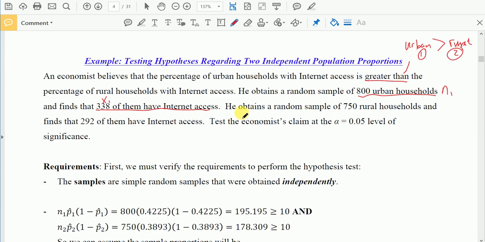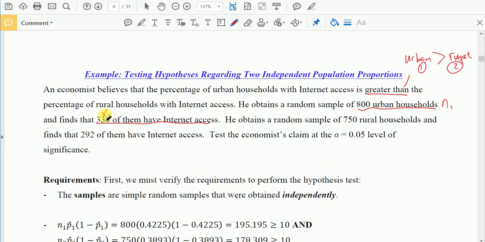So x1 is a value that we found from the collection. And then we also collect 750 rural households, or this is n2, the total number of samples, and we find that this number, x2, have internet access. Now alpha is 0.05. Okay, so let's see if we reject this claim or we accept it.